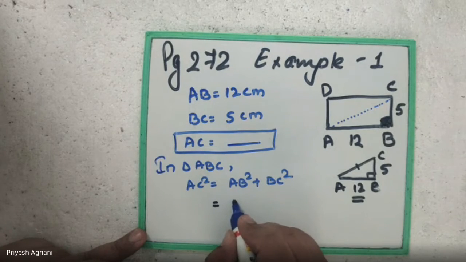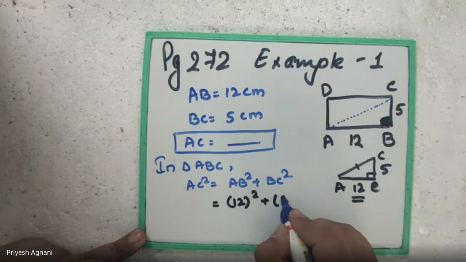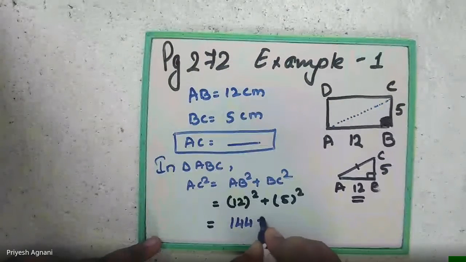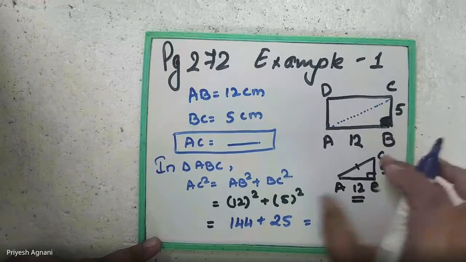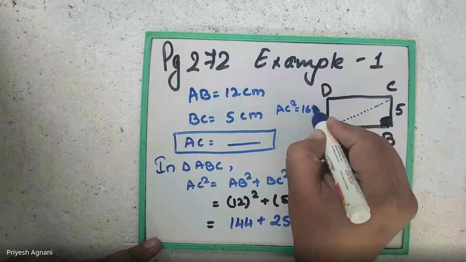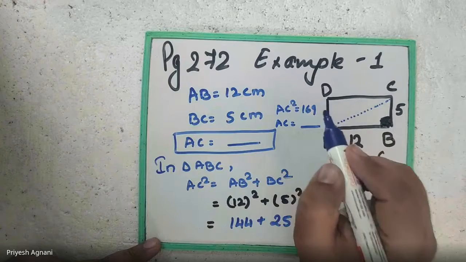So this is equal to 12 square plus 5 square. 12 square में हम लिखेंगे इक्वल टू 144 प्लस 25 इक्वल टू 169. अगर AC स्क्वायर जो है वो 169 हो रहा है तो AC जो है वो इसका स्क्वायर रूट होगा.